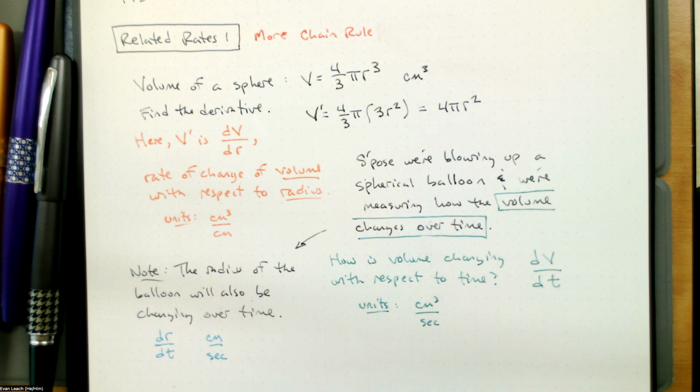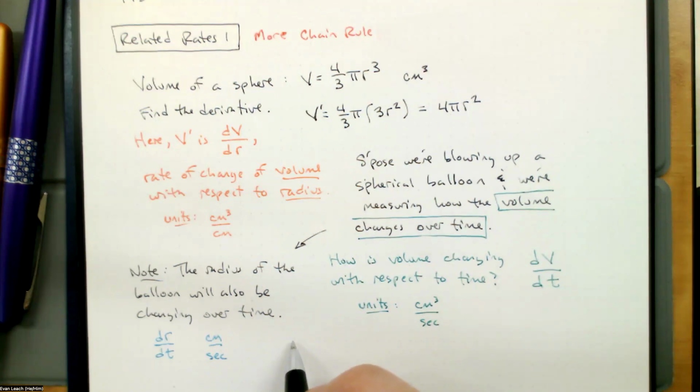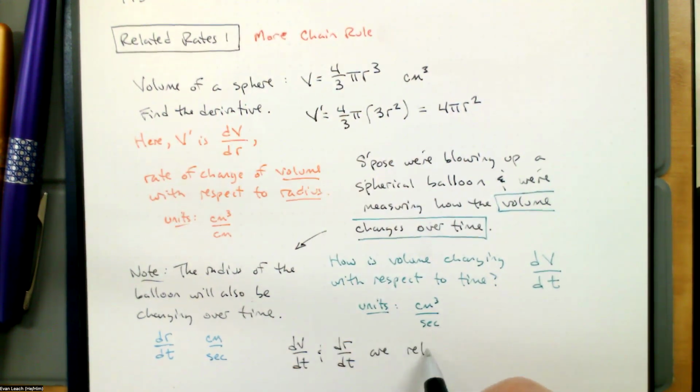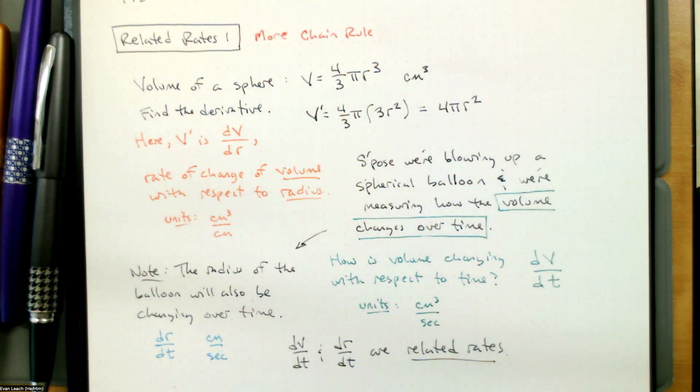So as the volume of the balloon is increasing, the radius of the balloon will also be increasing, or decreasing if we're deflating the balloon. So this is what we're referring to when we're referring to related rates. dV/dt and dr/dt are related rates.